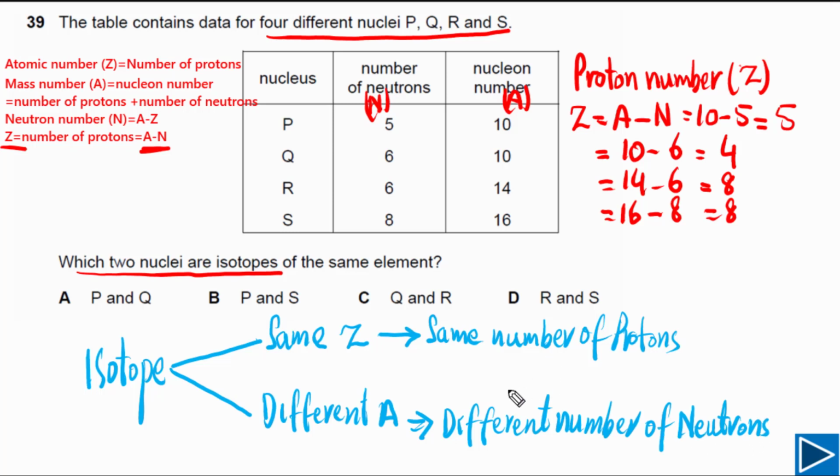This is what we need to understand. So isotopes have the same number of protons.